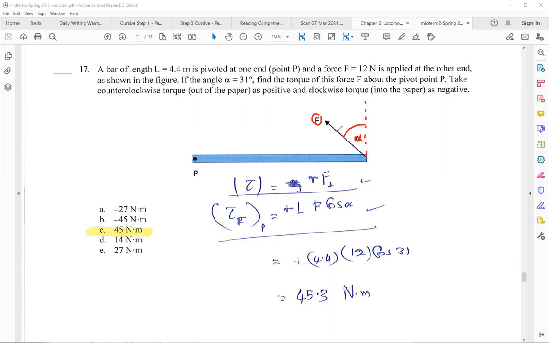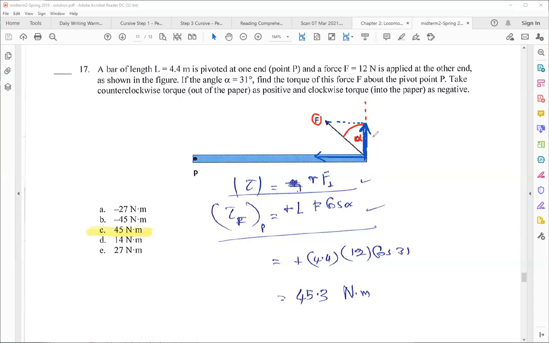What causes the torque is always the perpendicular component of force, which means this one. The horizontal component, when you project it like this, is pointing towards the fulcrum, towards the axis of rotation, or the pivot point.